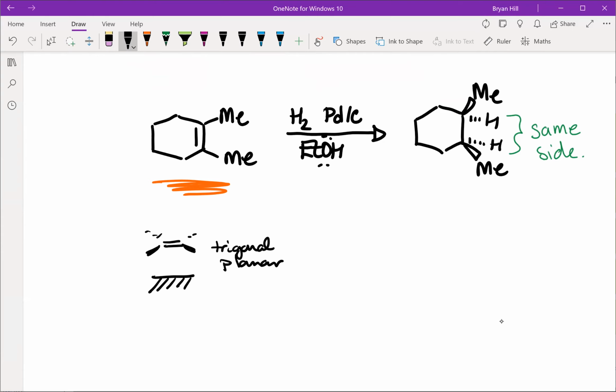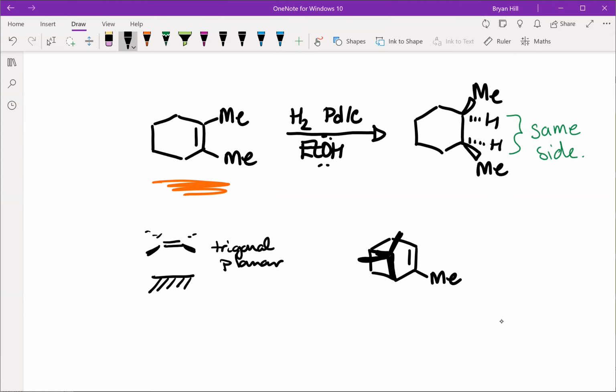Because those two carbons are sp2 hybridized. But let's pretend that we are this molecule here, and you have got something sticking out, like something which is big and bulky on one side of the molecule.